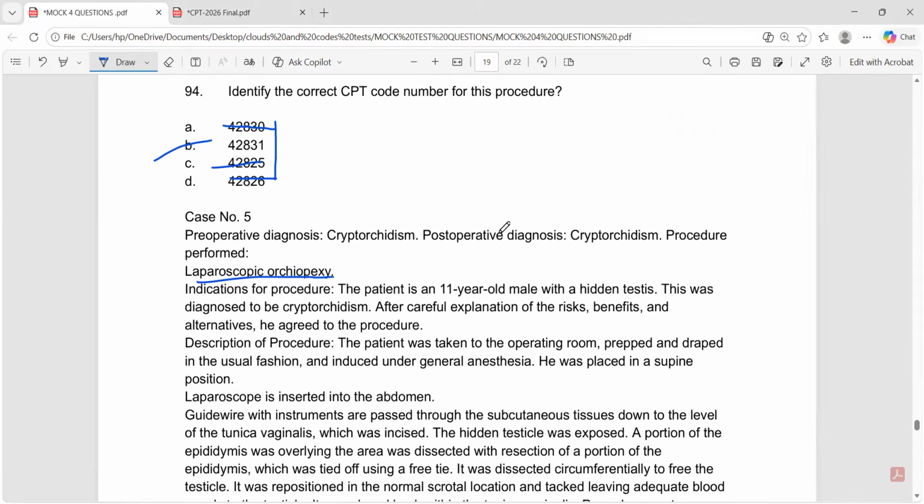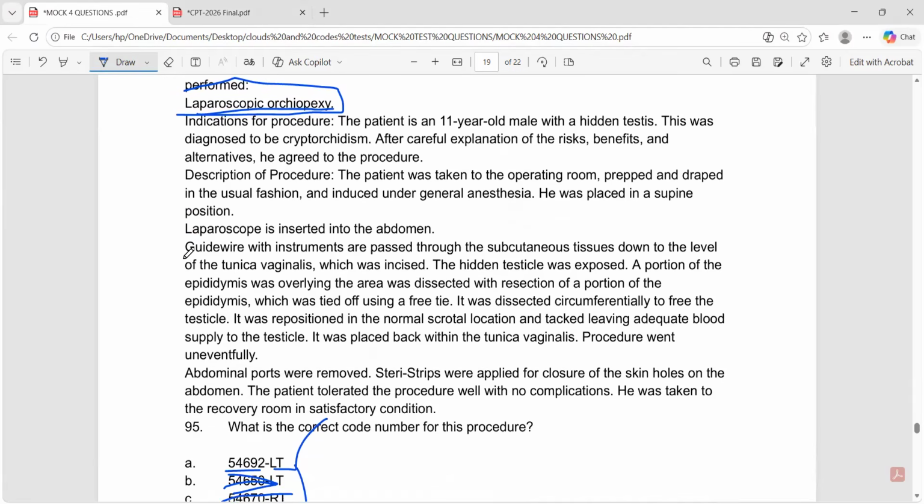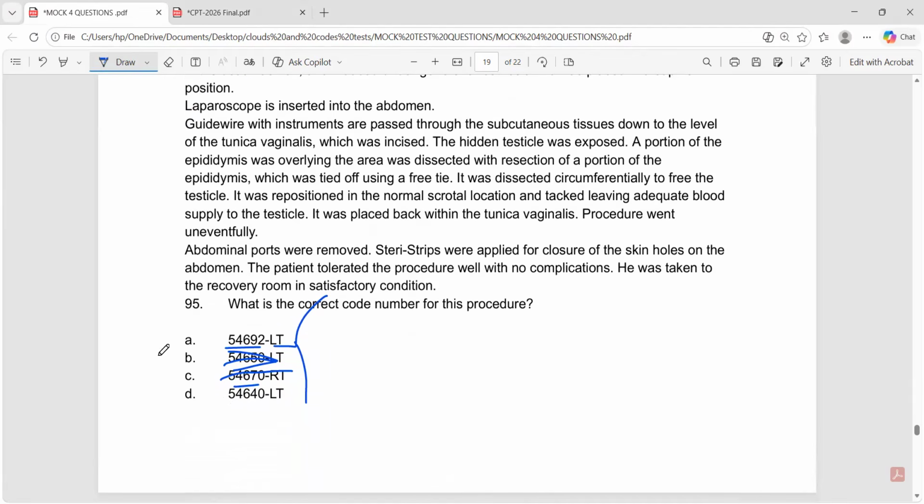In the book we have cryptorchidism postoperative. In the question it says laparoscopic orchiopexy. There is a single code for laparoscopic orchiopexy, 54692. Those others are all open procedures. The description says instruments passed through subcutaneous tissue to the level of the tunica vaginalis, the portion of the epididymis was dissected to free the testicle and reposition it in the normal scrotum.